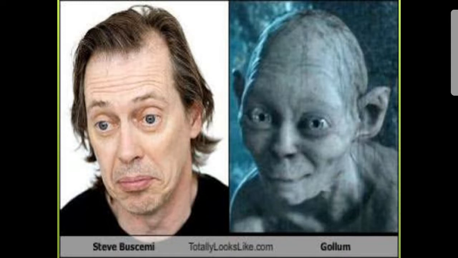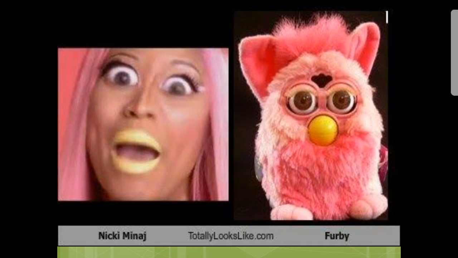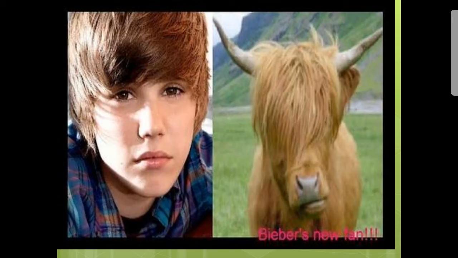Nose. The next one. The color of the hair of a girl is the same as the color of the pet. The lips, the same color yellow. Next, the hair, almost the same. The style of the hair.